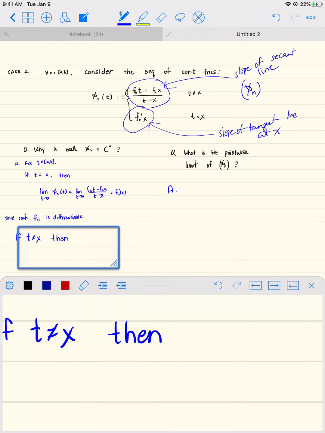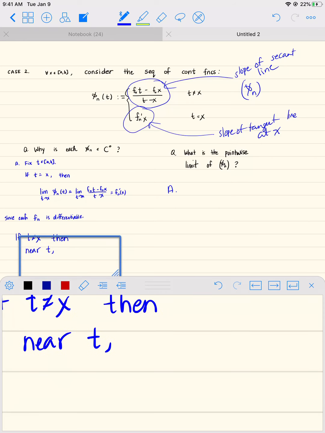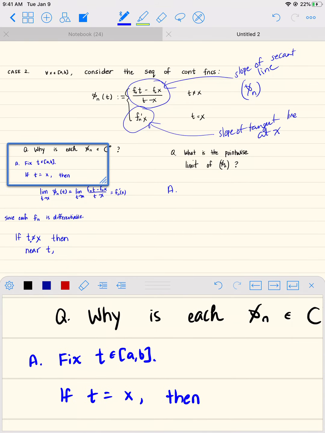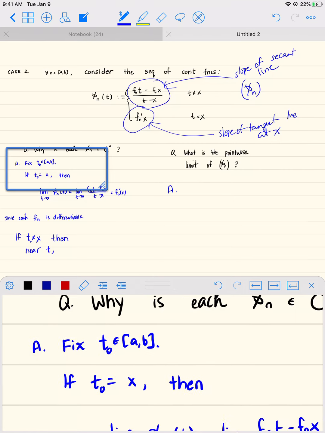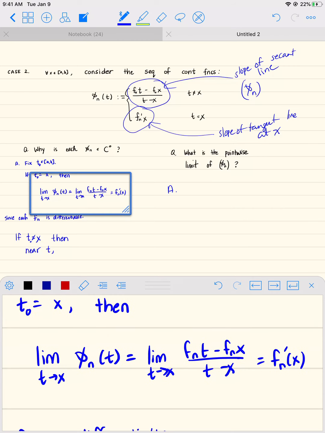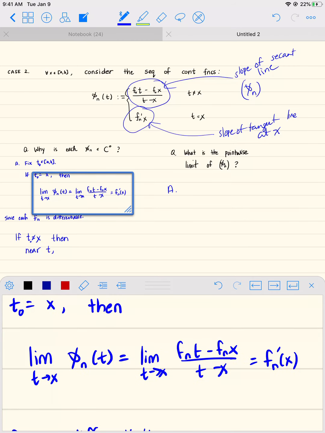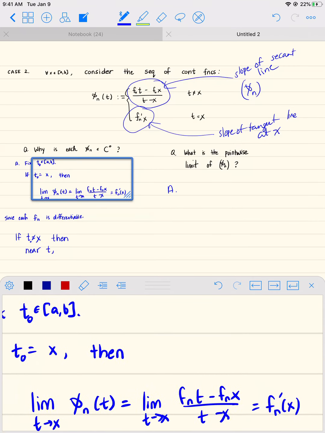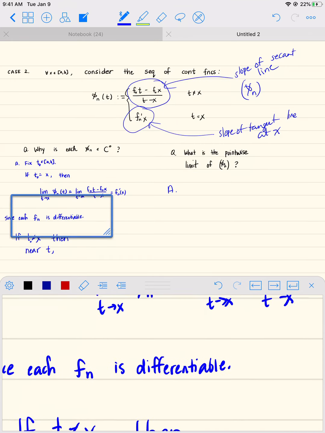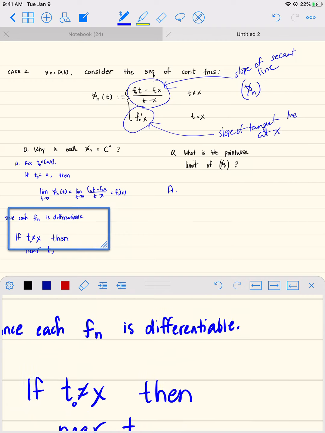Then near t, or say we call that t naught, fix t naught. If t naught is equal to x, then, okay, let's see here, since each fn is differentiable.